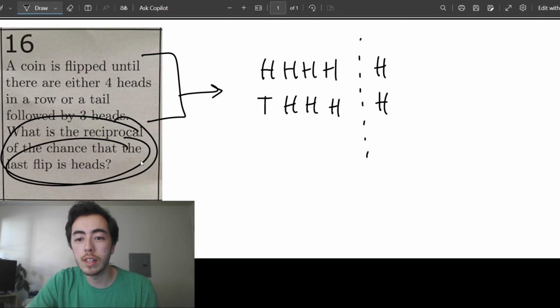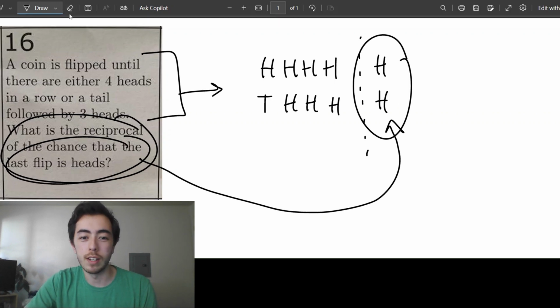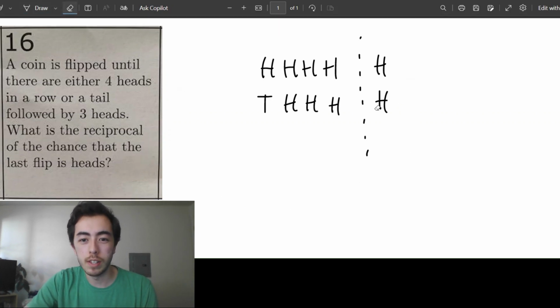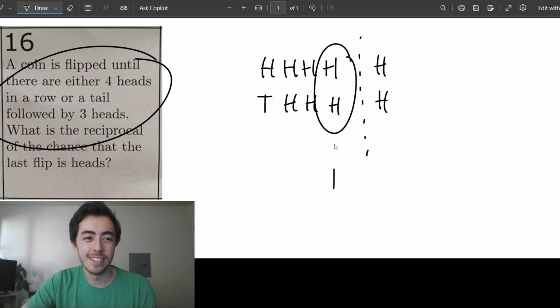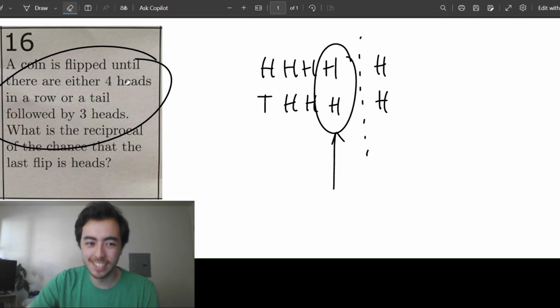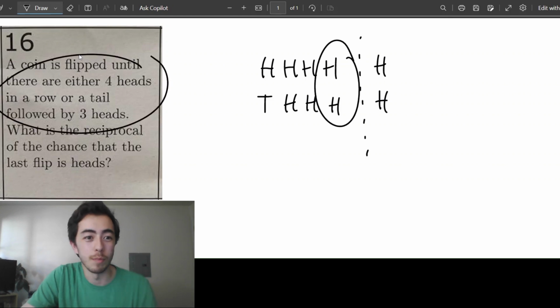I'm assuming that they want one more flip right here. Because if they were talking about this one, we already know from our scenario that this flip is heads. And so there's a 100% chance that this last flip is heads because we've already assumed this much.